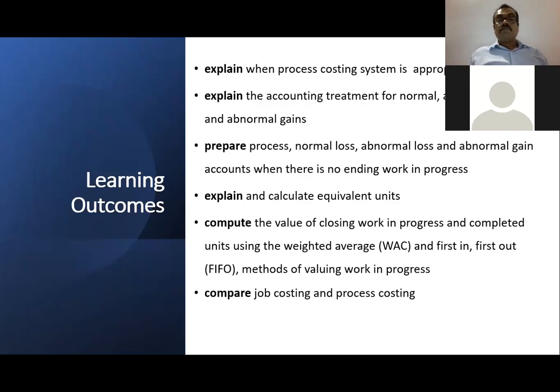The second one is accounting treatment for normal and abnormal losses and abnormal gains. It is rather technical, but in the examination more weight comes here. You may struggle with how to do this, but it is very simple. We will discuss explaining normal and abnormal losses and gains. Then prepare the process account, normal loss account and all these accounts. You are very good at preparing T accounts, and it is one way of maintaining records.